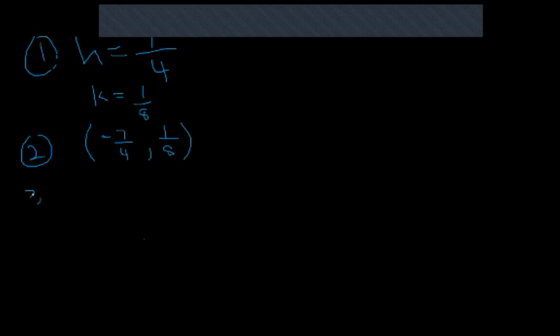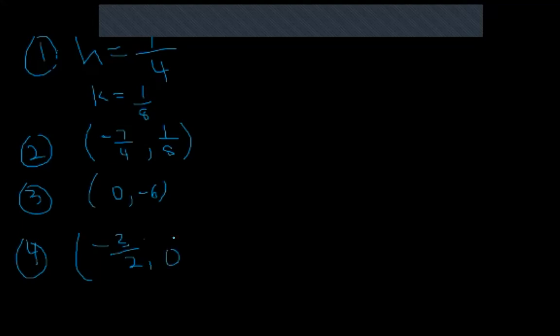I also found my y-intercept, which was 0, minus 6. And last but not least, I found my roots, which would be minus 3 on 2, 0, and minus 2, 0. Everybody understands all of this?